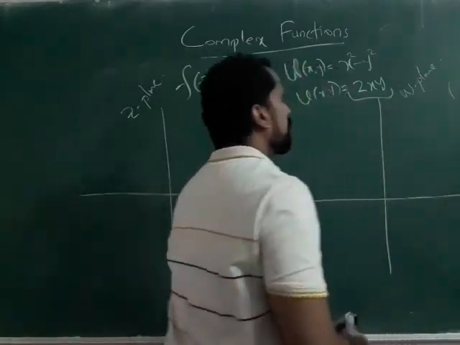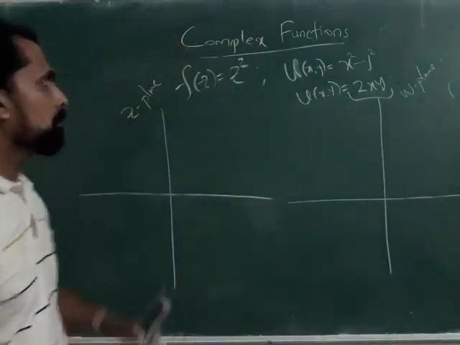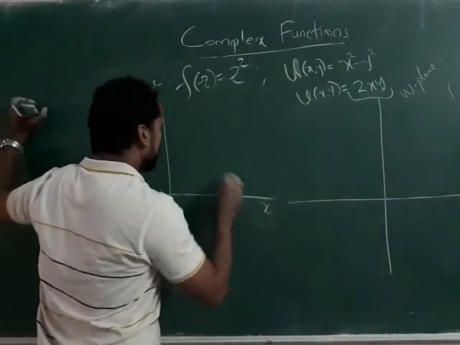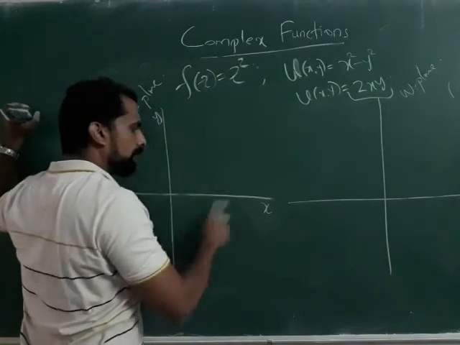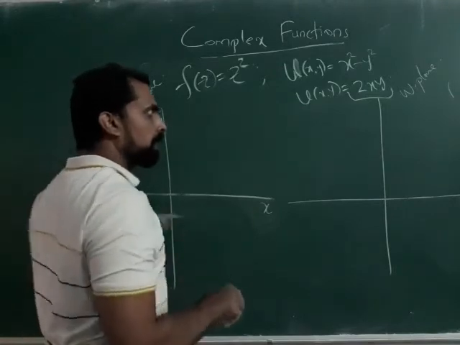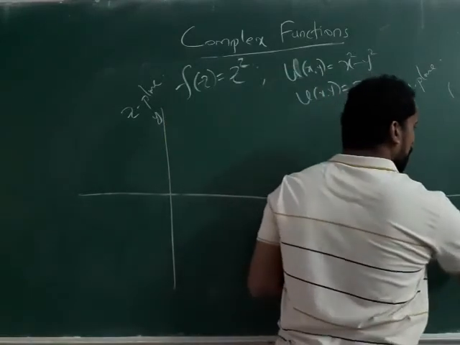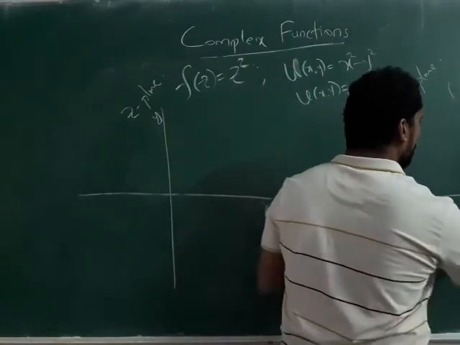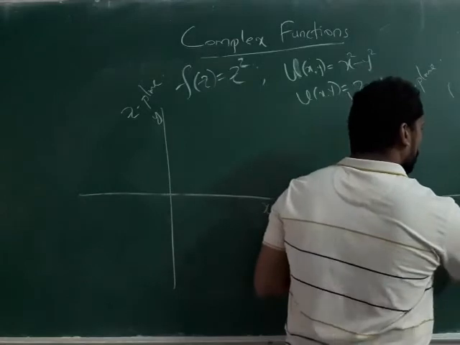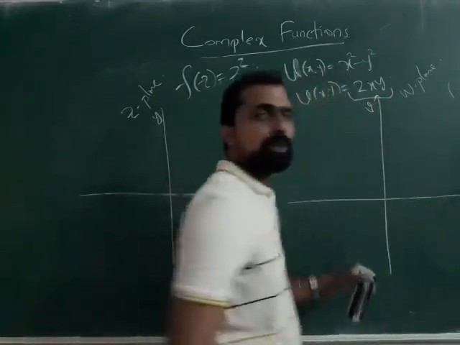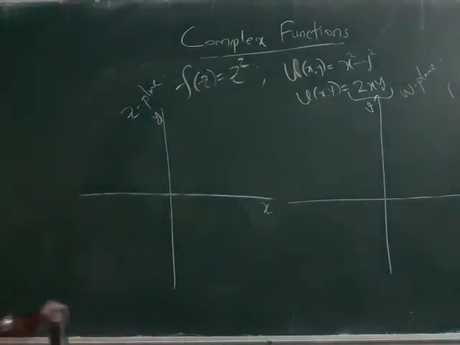In the z plane you have x and y, the real axis and imaginary axis, and on the w plane, on the real axis you have u, and on the imaginary axis you have v.